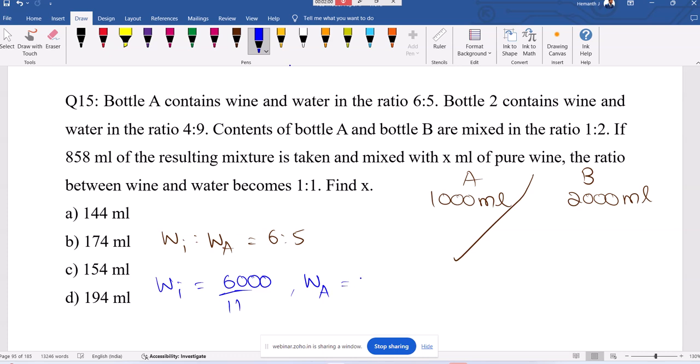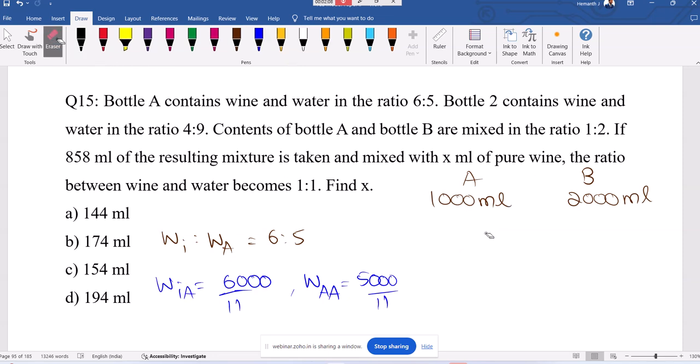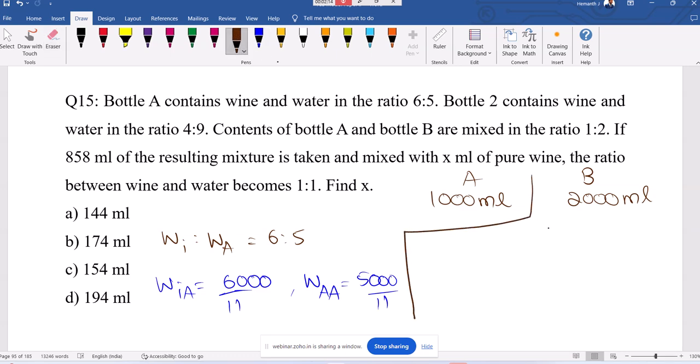Water is 5000 divided by 11. This is water in A, this is wine in A. Similarly, wine and water in B is 4:9, so 4 plus 9 is 13.